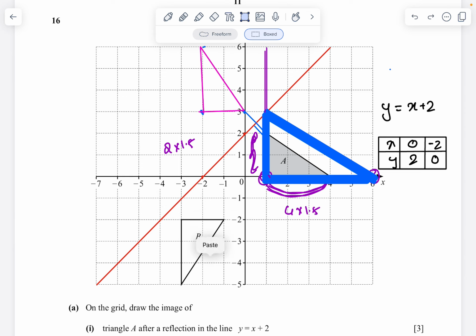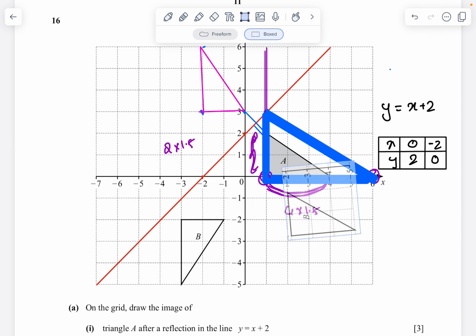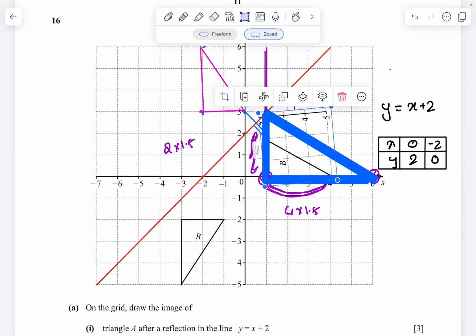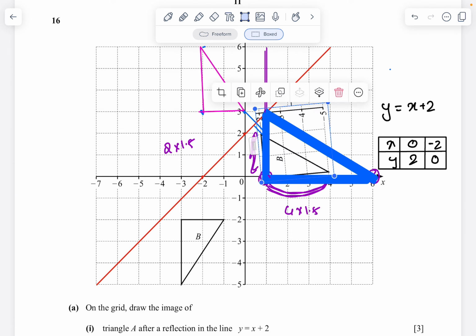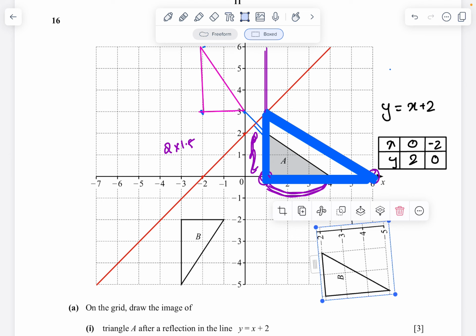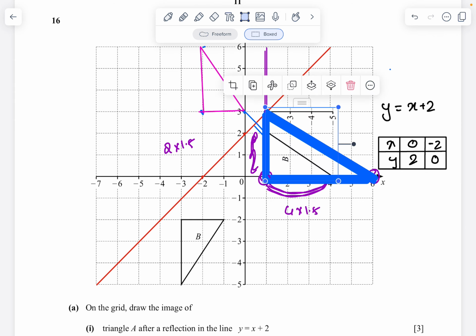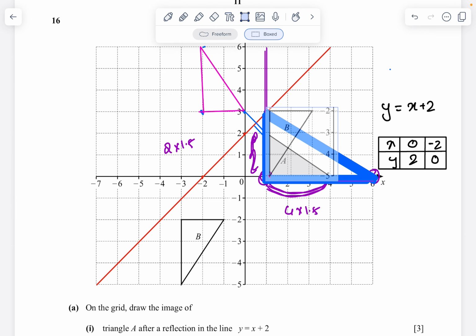This particular triangle, and when I, you can see this is the original triangle. So when I'm rotating 90 degrees and then rotating 90 degrees, it is matching the same.